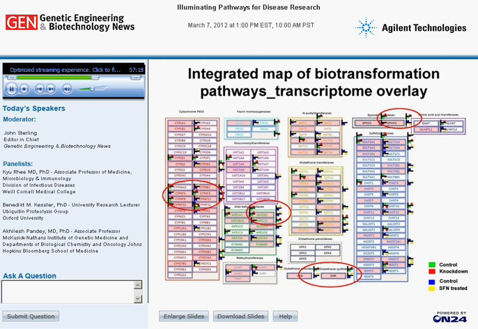shows a zoom-in view of the overlay of the transcriptomic data onto this biotransformation pathway. The areas that are circled indicate those genes where we saw an overlap between the KEAP1 knockdown experiment and the sulforaphane treatment experiment.